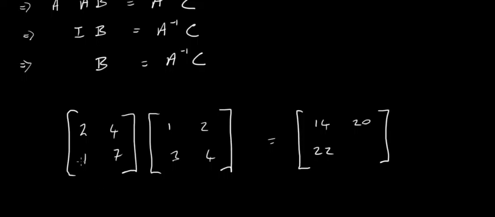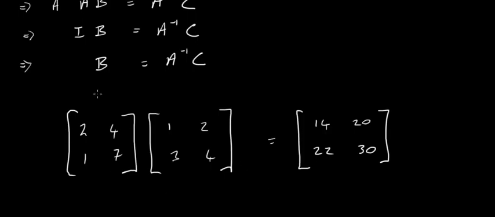And 1 2 is 2, 4 7 is 28, so that'll give me 30 down here. I think that's correct anyway. Let me just double check that again. 2 plus 12 is 14, 1 plus 21 is 22, 2 plus 28 is 30, and 4 plus 16 is 20. Yeah, it seems okay anyway.